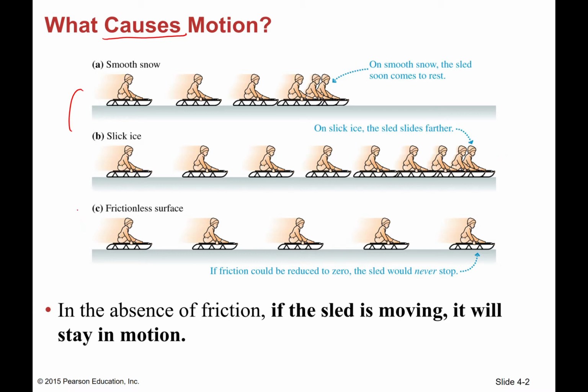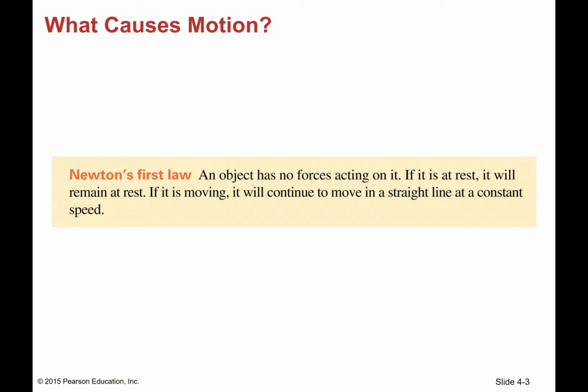And if you take away all the friction, then he'll go forever without slowing down. So the reason he's slowing down here is because of something that we call friction, and friction is a type of force. So the causes of motion, what causes you either to speed up or slow down, are forces. And that's what you're going to be studying in this chapter, forces.